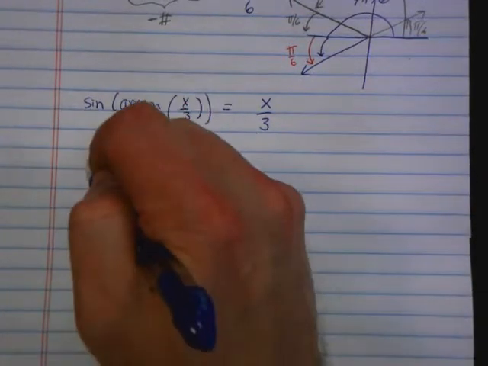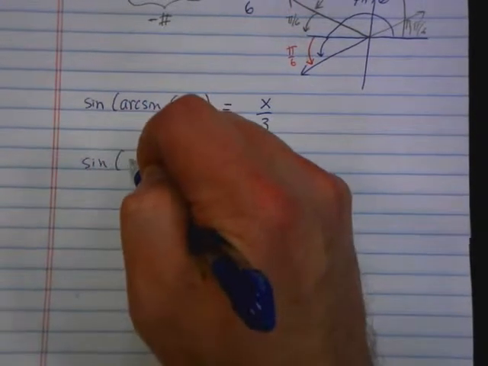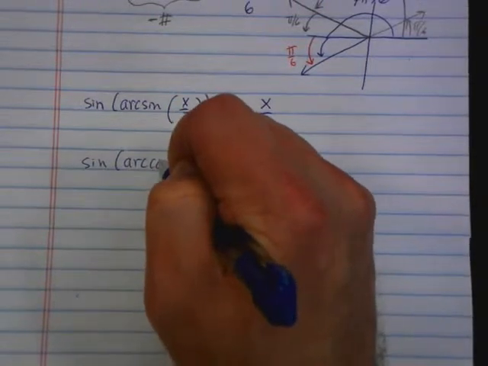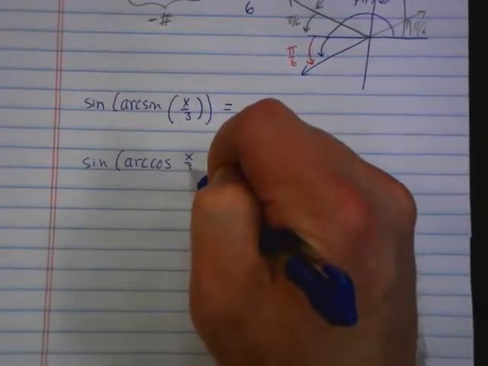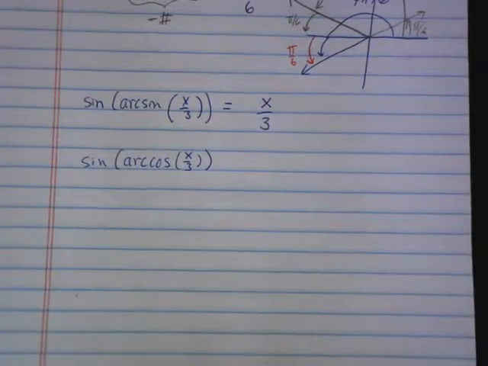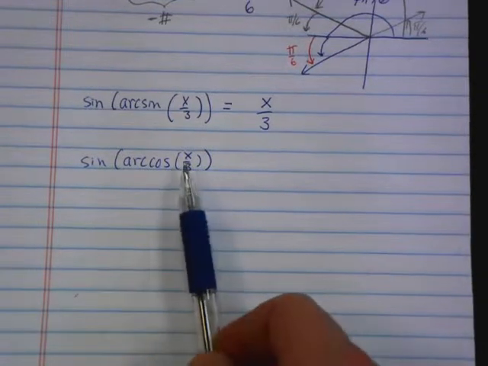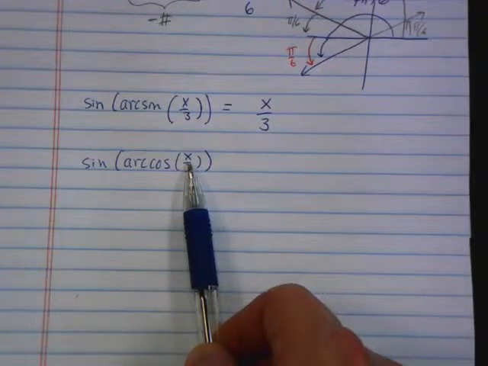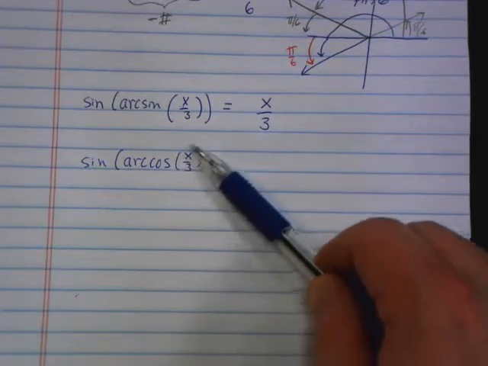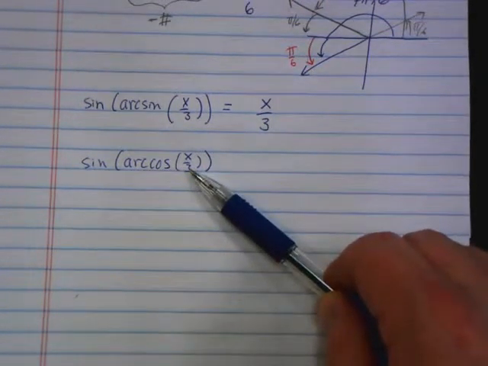What about the sine of the arc cosine of x over 3? I think the domain would still be the same. x would have to be between -3 and +3 because I need this to be between -1 and +1.